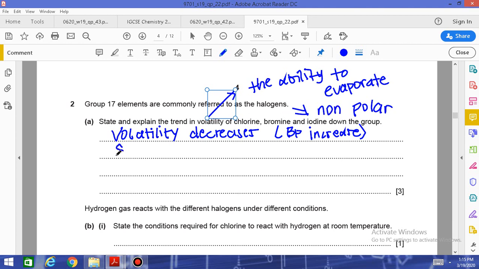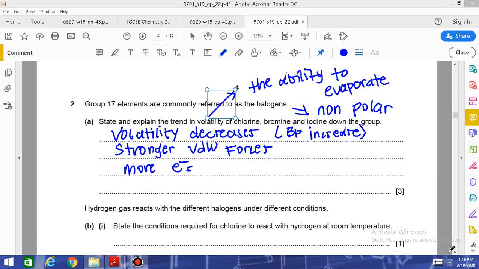They have stronger van der Waals forces as you go down the group. Why? Because they have a greater number of electrons. Stronger van der Waals forces means that more energy or heat is required to break these forces.